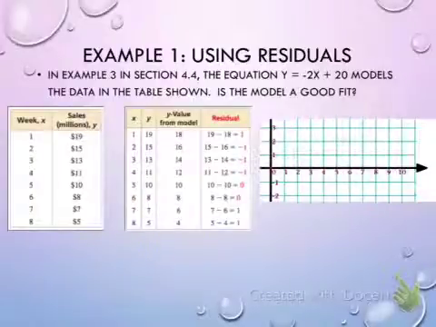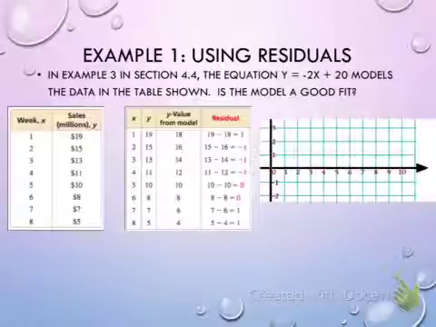And if you notice, our residuals here, we have 1, negative 1, negative 1, negative 1, 0, 0, 1, 1. So they're all relatively close. But let's go ahead and plot these. To plot these, what we're going to be using is the x and the residual.